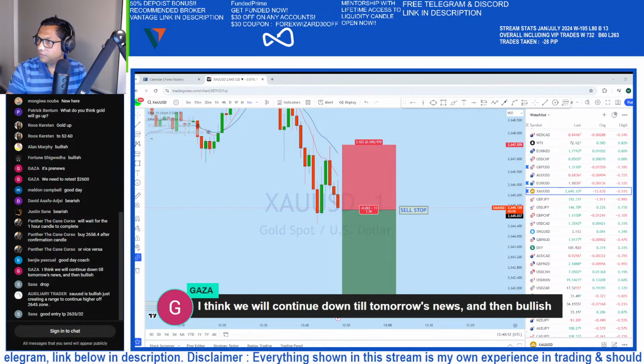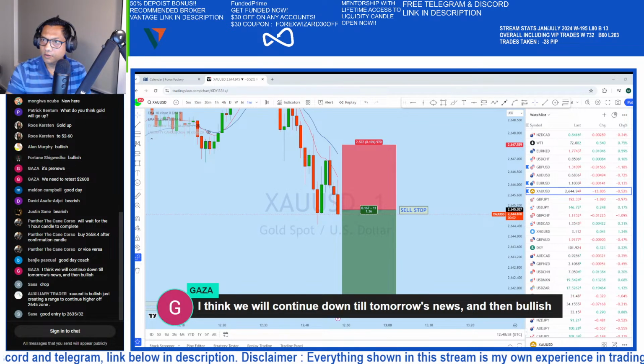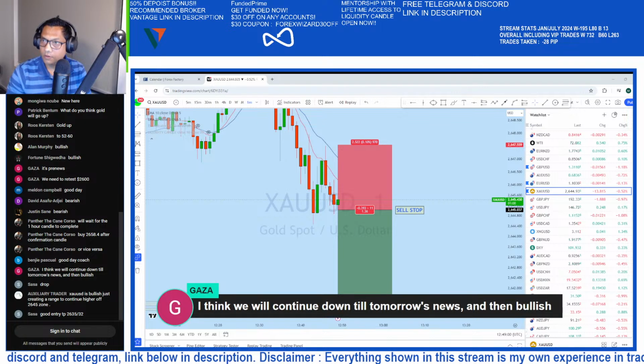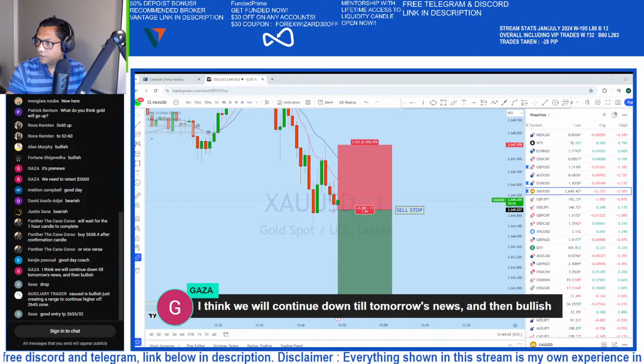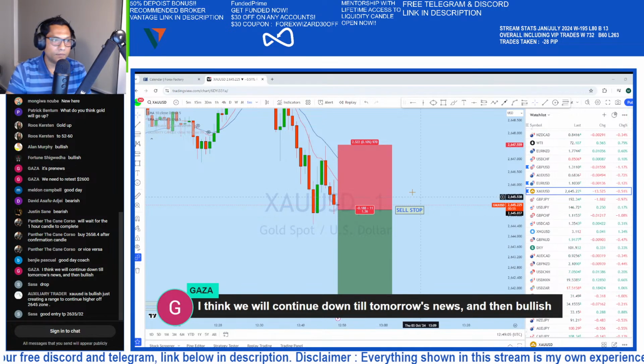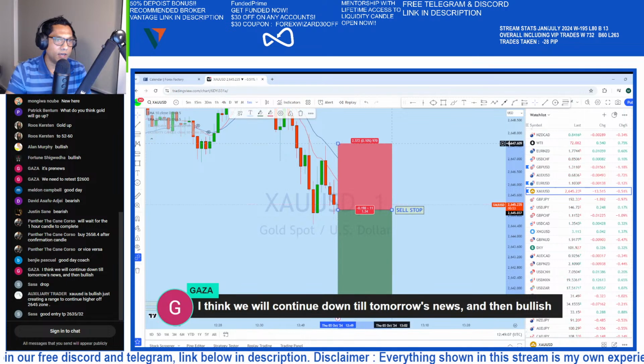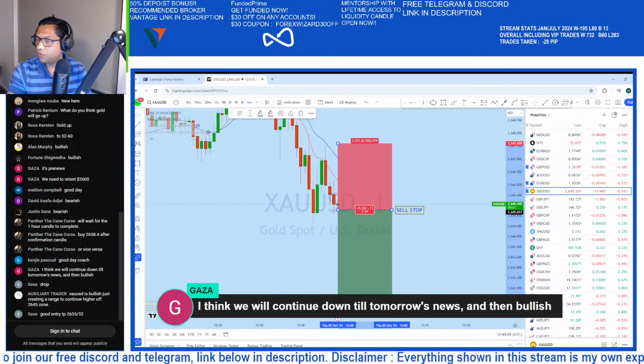So basically it's past that level, so I'm entering at market here. Place that trade and stop loss above this high, 2647.